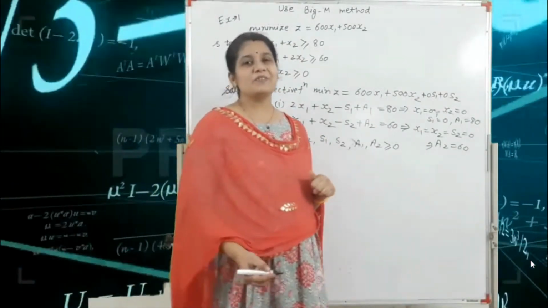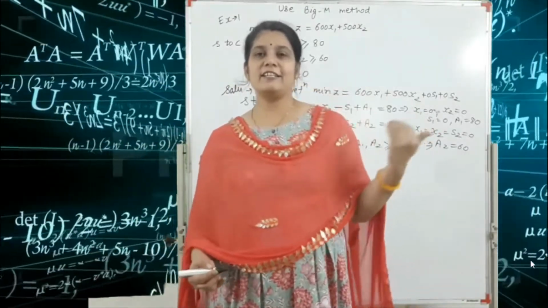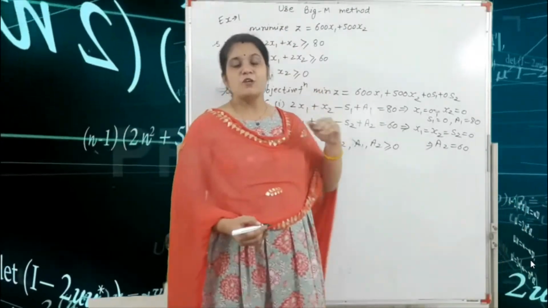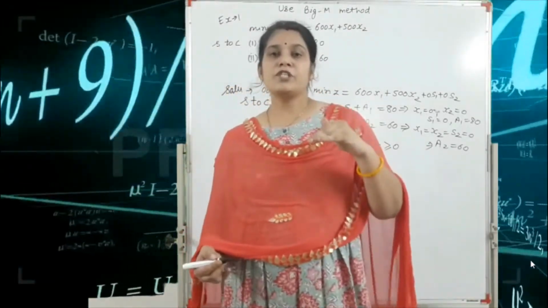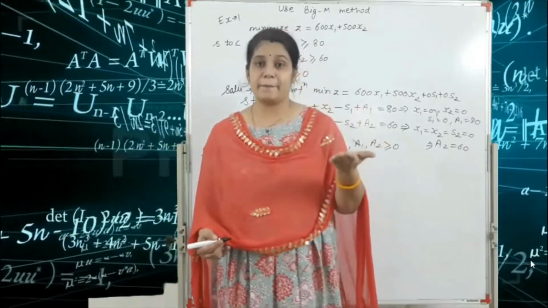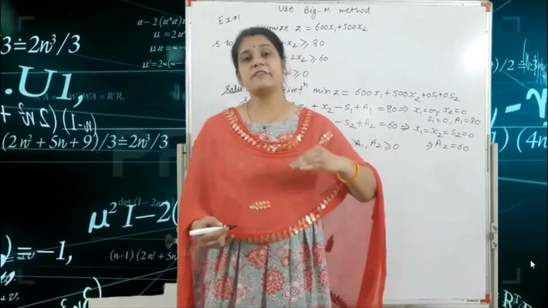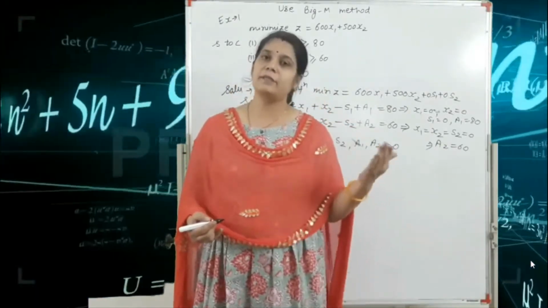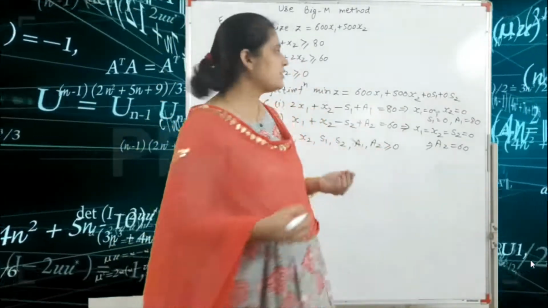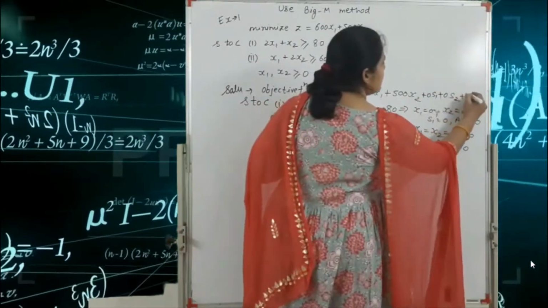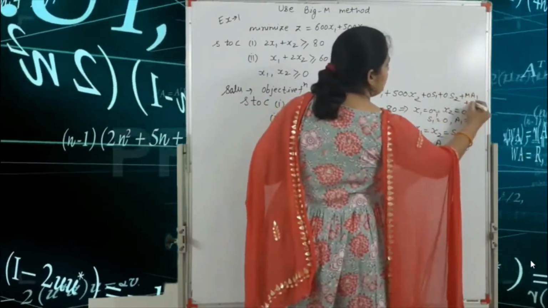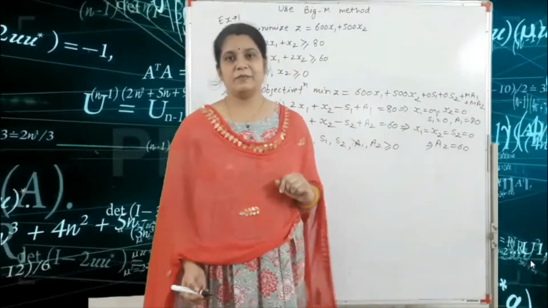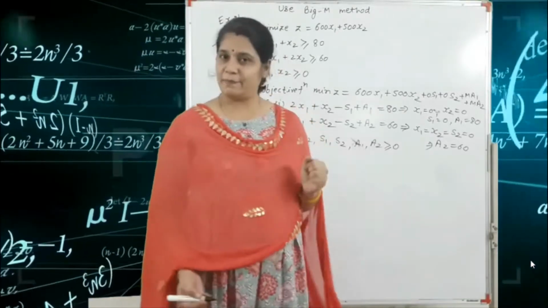We have already seen in the previous lecture: if a question is given in the minimization format, we write the coefficient of the artificial variable as plus M. And if a question is given in the maximization format, the coefficient of the artificial variable is minus M. Got it? So we write plus M a1 and plus M a2 because here we use two artificial variables.